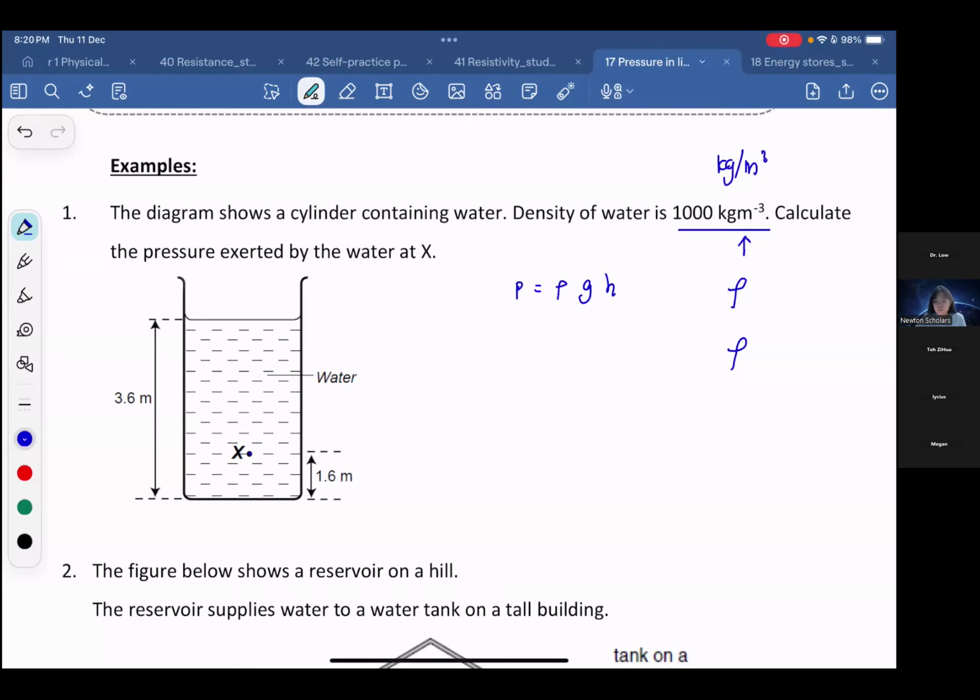Crystal, correct. Unit. Crystal is here, yes.